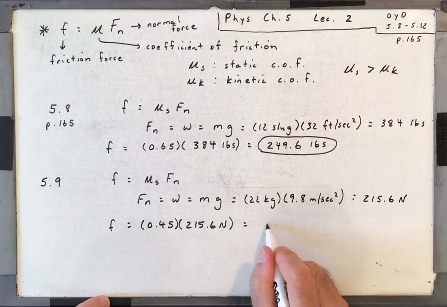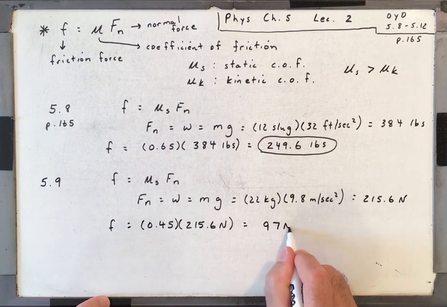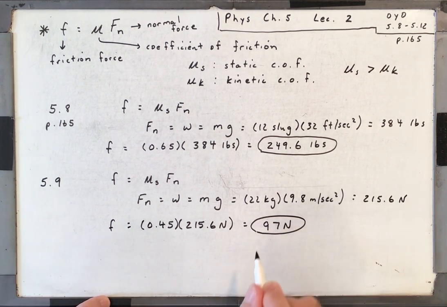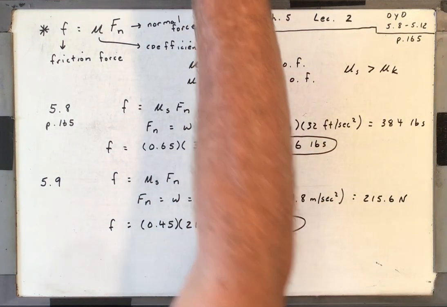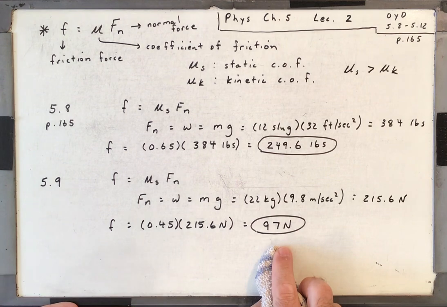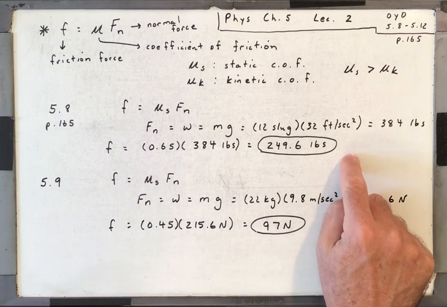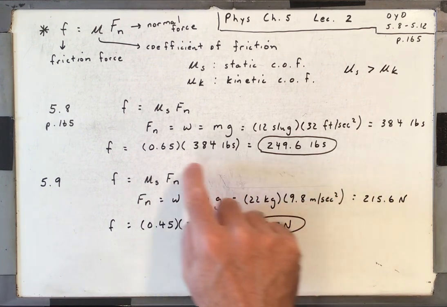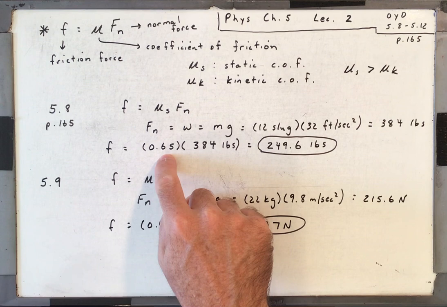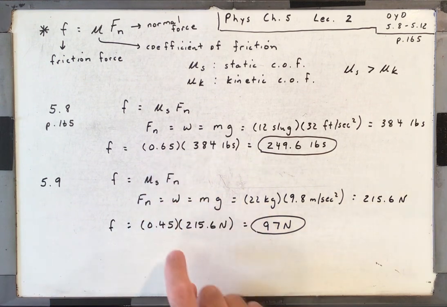And so you've got to overcome 97 newtons to get this pile of books to start moving. This is a slicker surface, so it takes less than half the weight just to get it moving. That wasn't the case in 5.8, which had a higher coefficient of static friction, wasn't quite as slick as in problem 5.9.